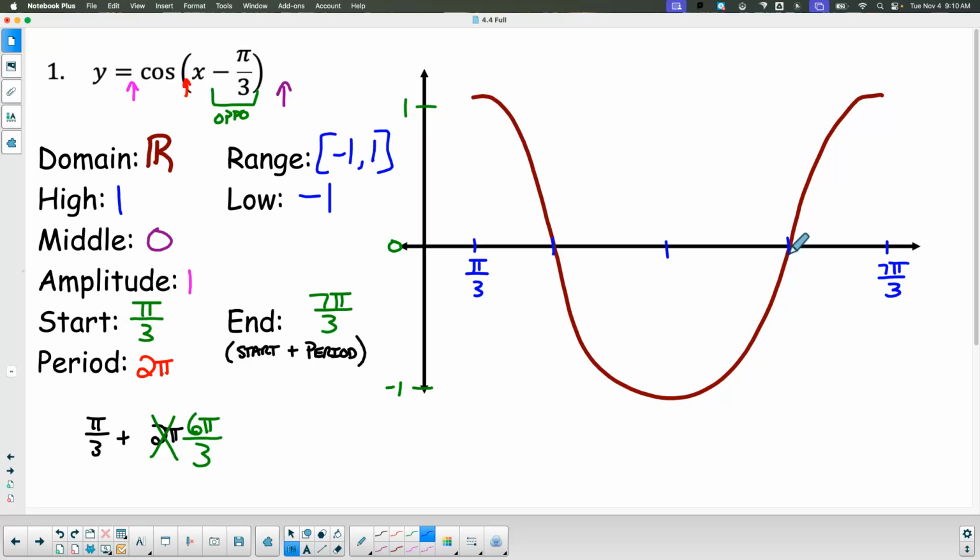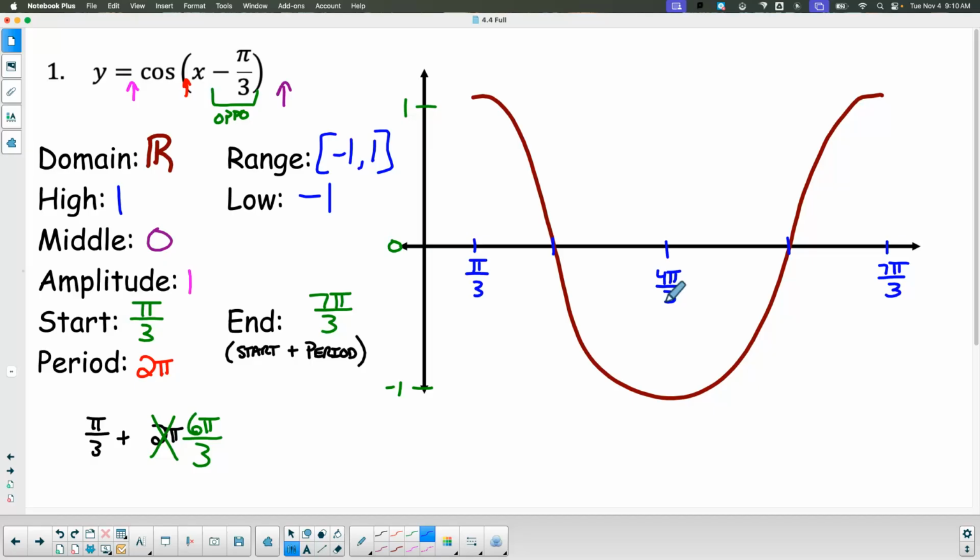1 pi over 3 plus 7 pi over 3. 8 pi over 3 divided by 2. 4 pi over 3. So that's my middle. 1 pi over 3 plus 4 pi over 3. 5 pi over 3 divided by 2. 5 pi over 6.